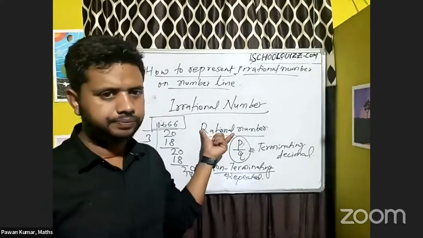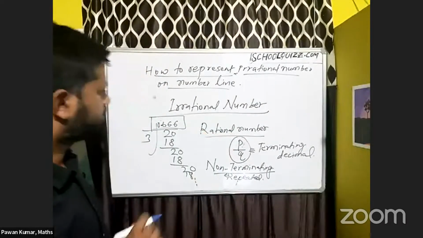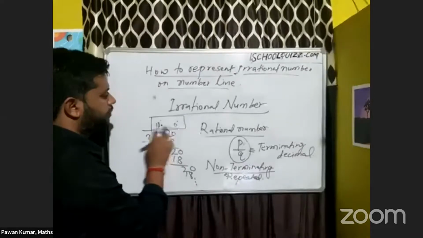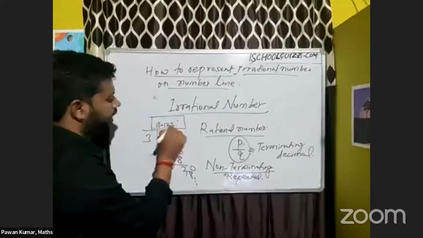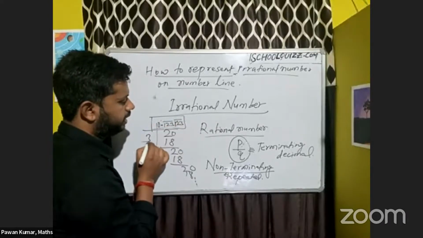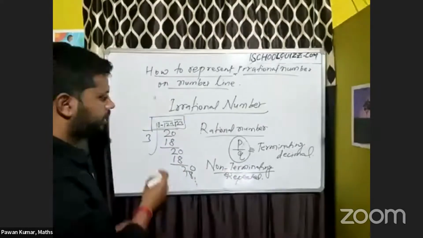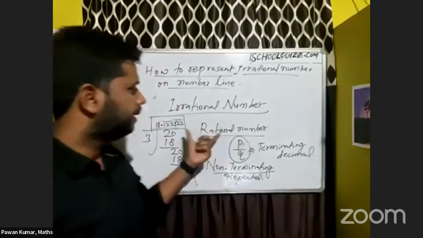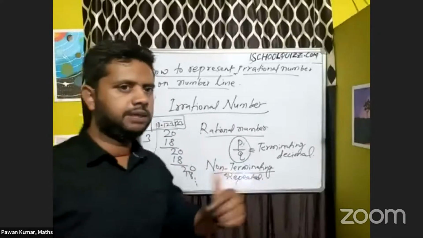If I'm getting a decimal like 1 2 3, and after 3 again I'm getting 1 2 3, then this term is repeated, and such decimals can be converted into rational form. But there must be a repetition after certain numbers.